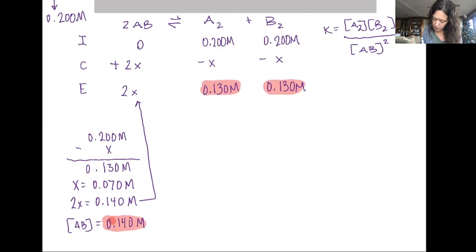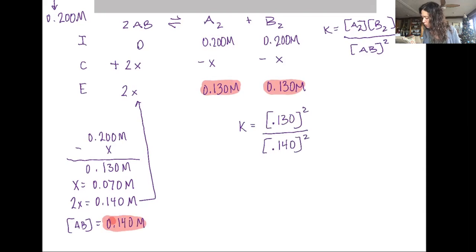And I can plug those into my K expression. I'm just going to do 0.130 squared, because it will be multiplied together, over 0.140, which is squared due to the equilibrium expression. 0.13 squared divided by parentheses 0.14 squared is 0.86, and it looks like we have 3 sig figs for this problem, so 0.862.